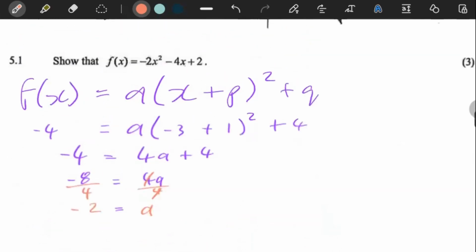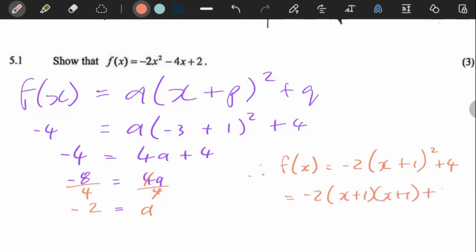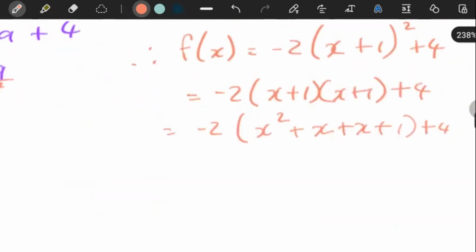So anyways, you're going to then say, therefore, in the equation of f of x, you know that you have negative 2 here. X is x. Q is 4. So let's multiply this out. Negative 2, x plus 1, x plus 1. You're going to have negative 2 here, x squared plus x plus another x plus 1. Negative 2 in front here.